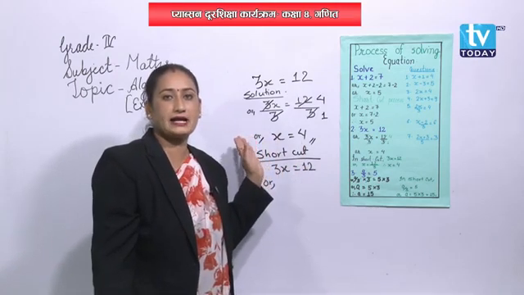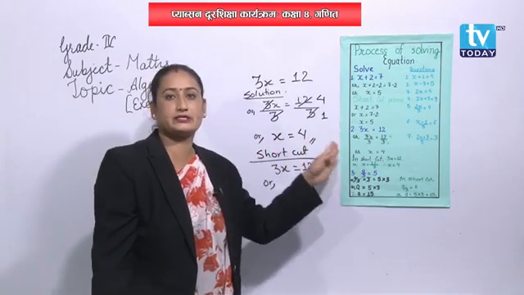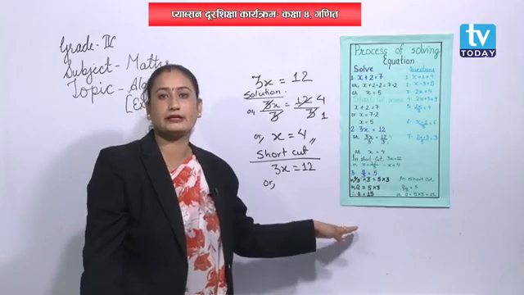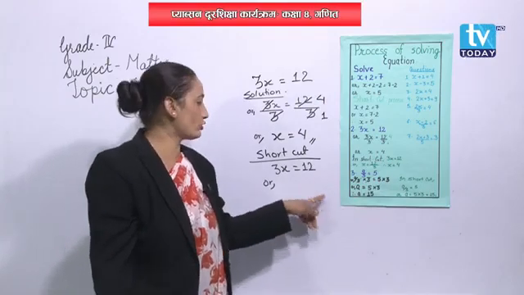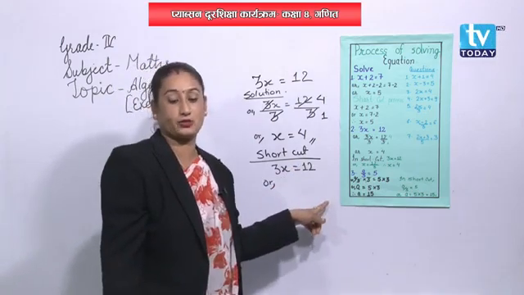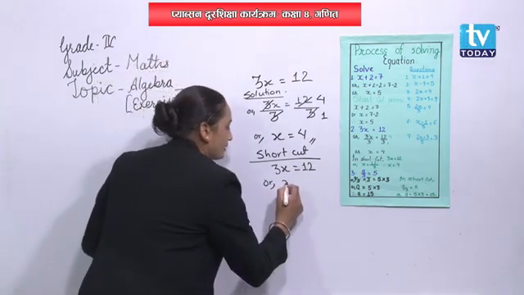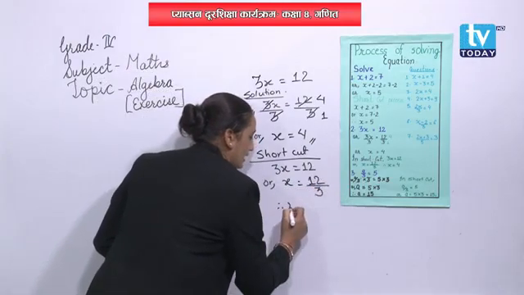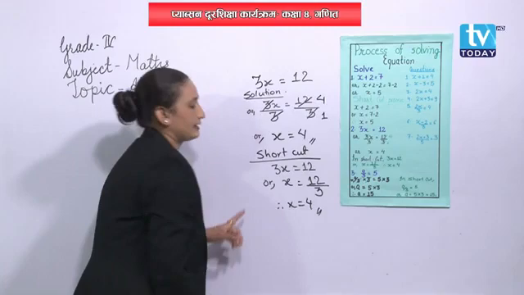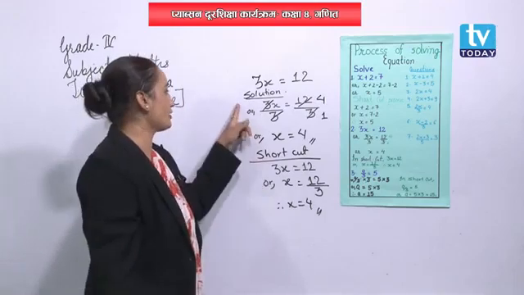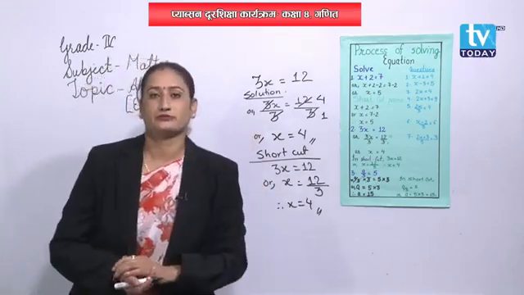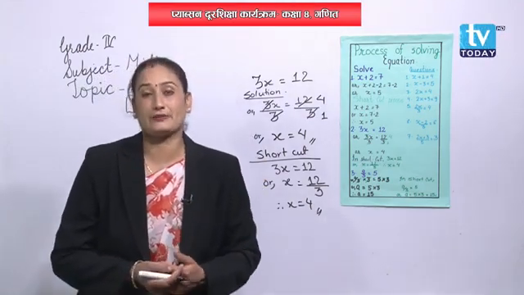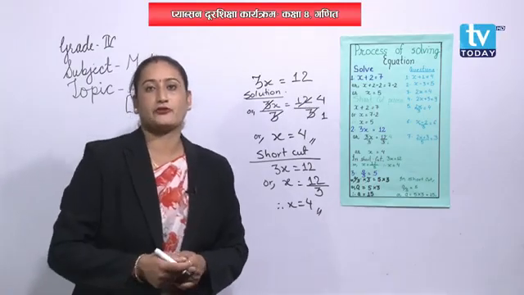When plus and minus signs are there in left hand side, the sign will be changed. When there is a multiple sign, then it goes to the divide form. You have to notice it, you have to remember these things, okay? So write down here x, then 12 should be divided by 3 and the value will come 4. Directly you can do it this way also, or you can follow this process as well. Whichever one you feel is easier, you can follow those steps. That's your right. You can follow any steps.